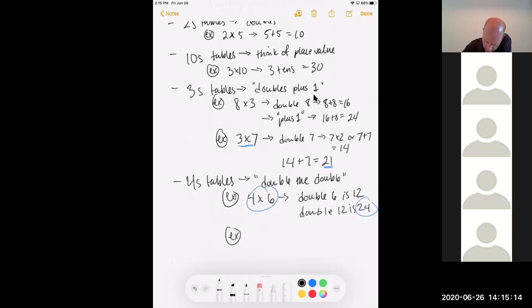Let's do another example, 4 times 4. Can somebody guide me through that one? Who hasn't spoken yet? Doubling the double.